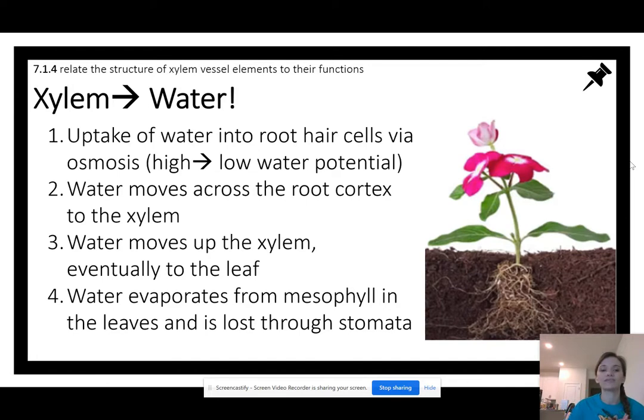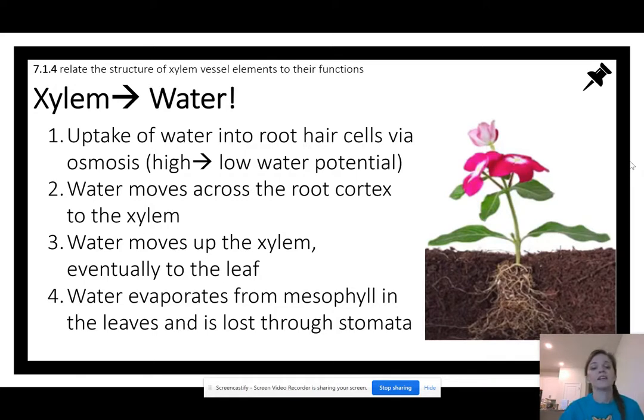Okay, so first, the xylem, remember, carries water. So it all starts with the root hairs, the surface area of the root, absorbing water via osmosis from a high to low water potential. Hopefully, there's enough water in the soil that there's a higher water potential in the soil outside the roots, so it's able to uptake water.